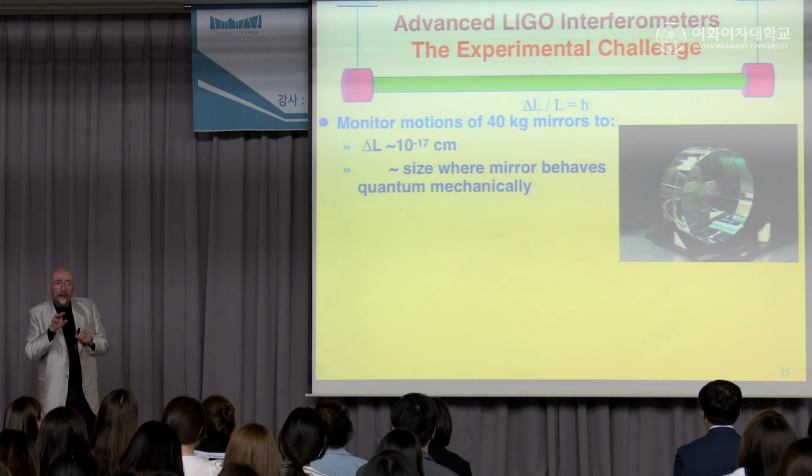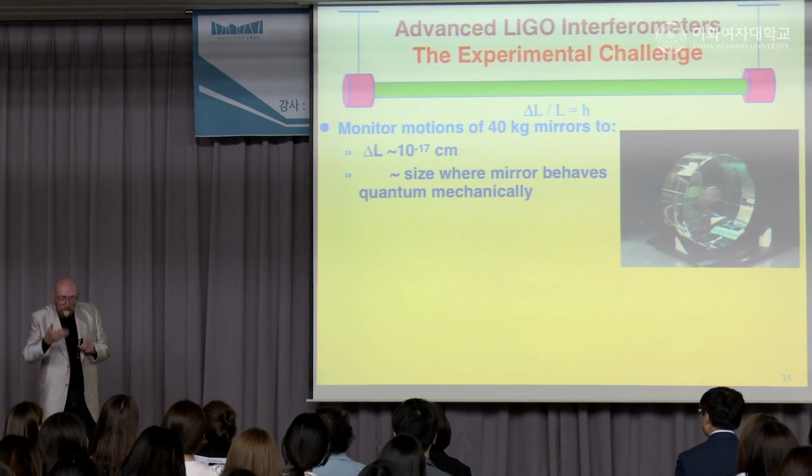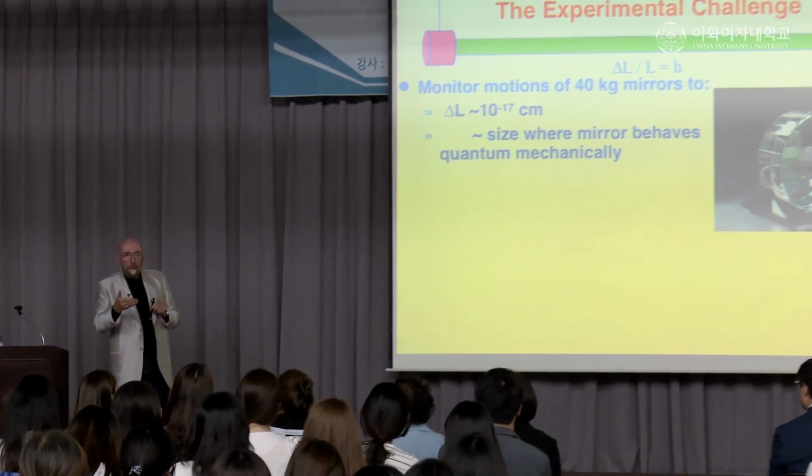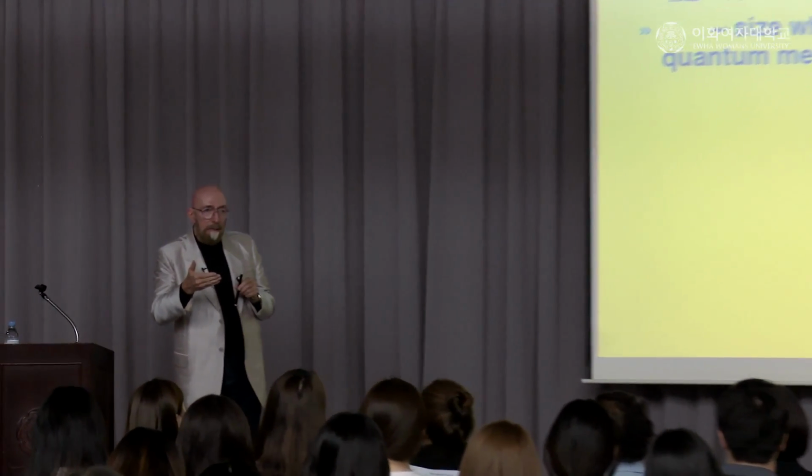That meant that we have to develop techniques for measurements and for analyzing the data that will guarantee that these quantum fluctuations of where the mirror is do not get in the way of extracting the gravitational wave signal. Do not demolish the signal that we are trying to detect. These are called quantum non-demolition techniques.